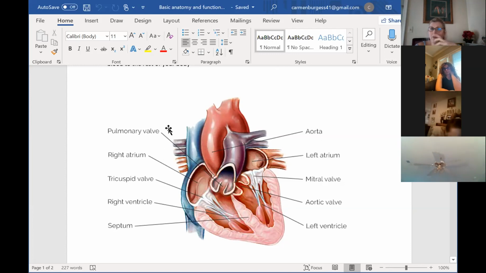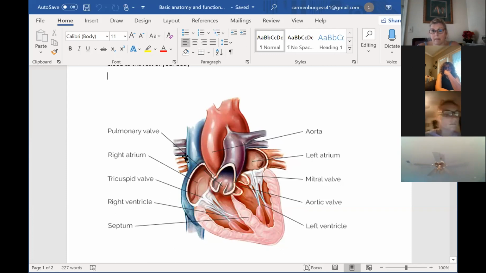That's why this is so important to know, because when you're reading that EKG, you'll be able to look at it and tell where there's a problem, because you know the beginning of this heartbeat takes place right here.